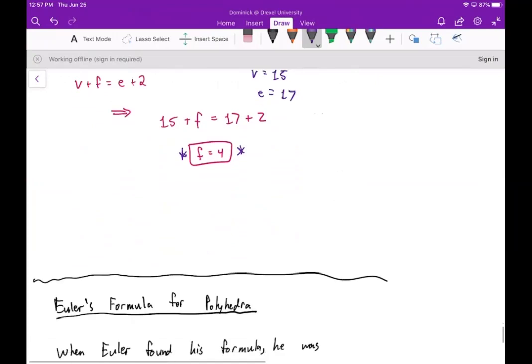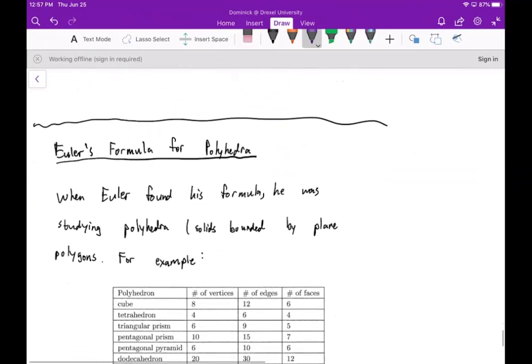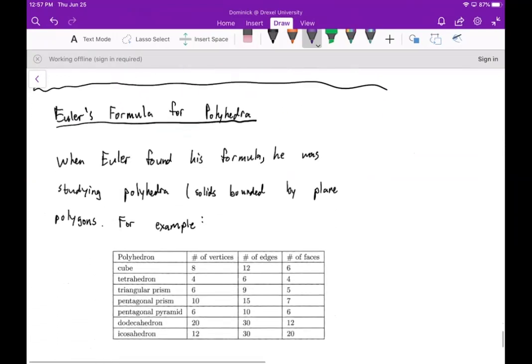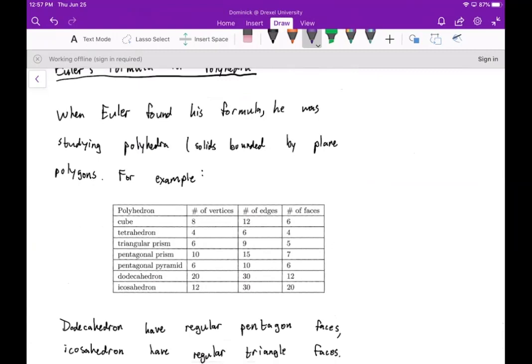Okay. Now, it turns out that when Euler found his formula, he was studying polyhedra, which are, of course, solids bounded by plane polygons. So, for example, you have things like the cube, which is familiar to you, and that has 8 vertices, 12 edges, and 6 faces, right? So if you were to draw a cube, the way that we usually draw it is something like this.